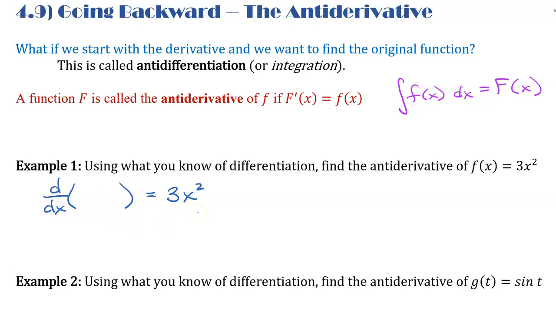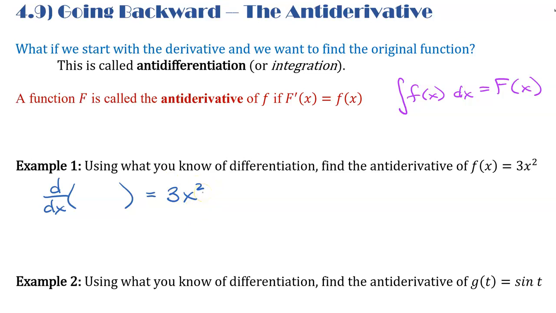Well, 3x squared looks a lot like the power rule. If we wanted to take its derivative again, that's what we would use. So if we go backwards, we would be going up a power, and the exponent would go out front. So if we're going backwards, then we would go up a power versus down a power.